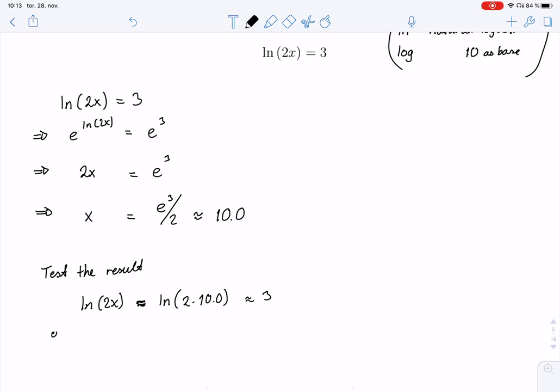Or I could put the exact values. 2 will cancel this out, and we will have ln e to the third, which will be 3. So whatever method we use, we are okay.